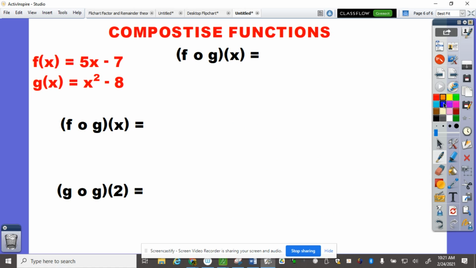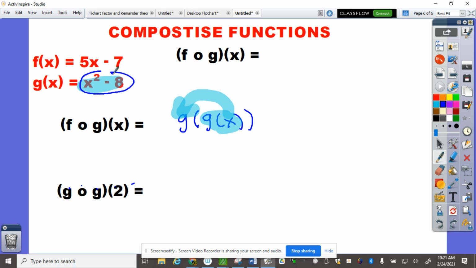Now, what if you're given g of g of x? The meaning of that is that you're going to put the g into the g of x. So your g of x, which is this one here, will go inside the same function. So this x squared minus 8 will go into that x on the same function.